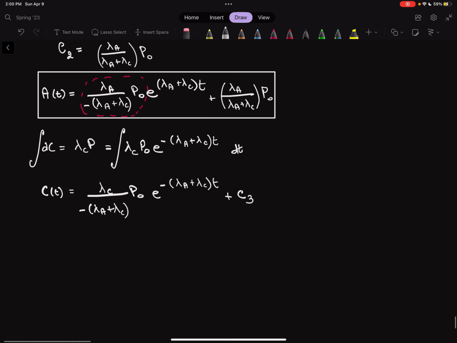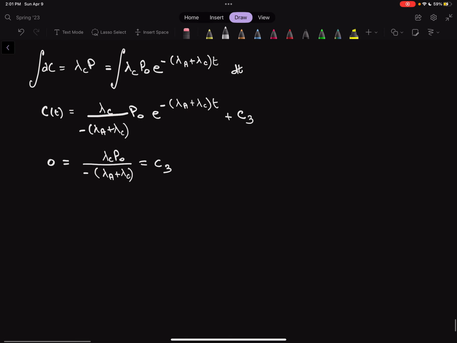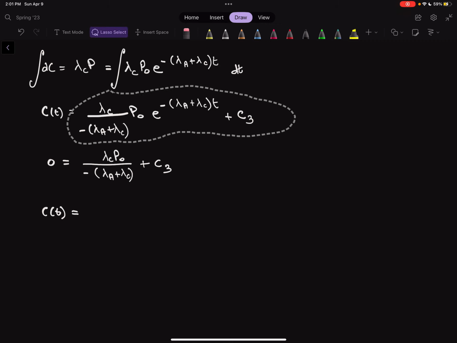With the initial condition, 0 is equal to this whole business, lambda C P naught over minus lambda A plus lambda C, this becomes a 1, plus C3. So we end up with C of t equal to what we have above, which is this.